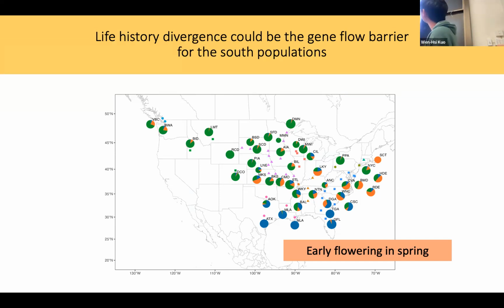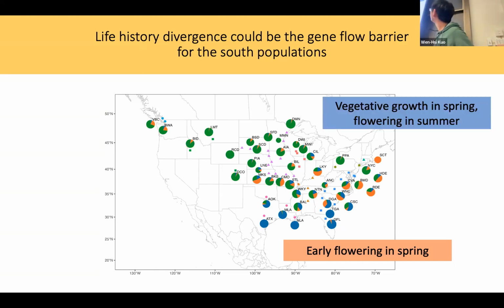In the south, the temperature is pretty warm in the spring and hot and too dry in the summer, so the clover needs to finish its life cycle early. But for the north population, because the spring is still too cold and the summer temperature is decent, they can keep doing more vegetative growth in the spring and flower later in the summer.